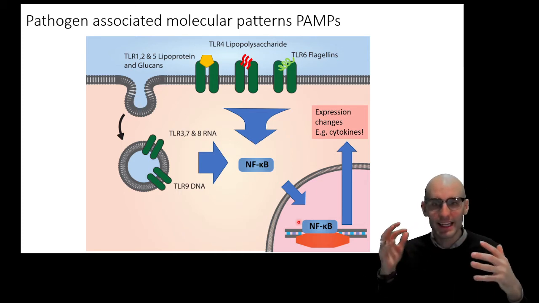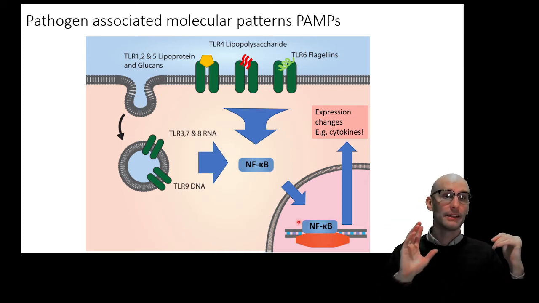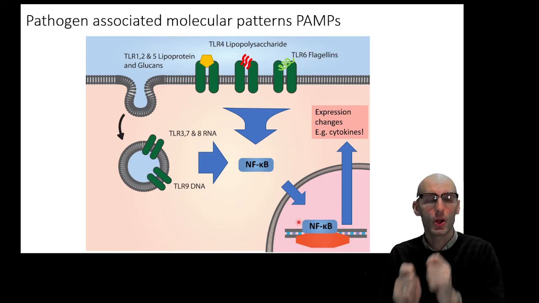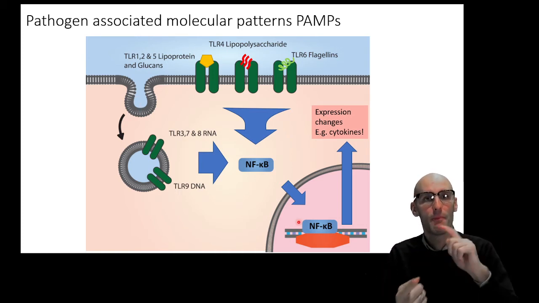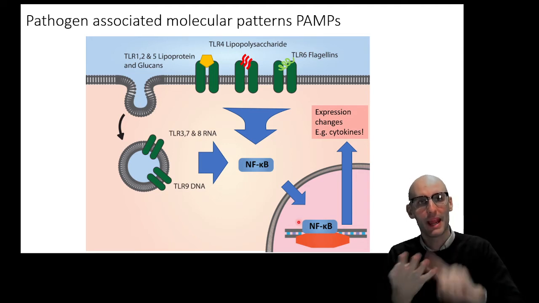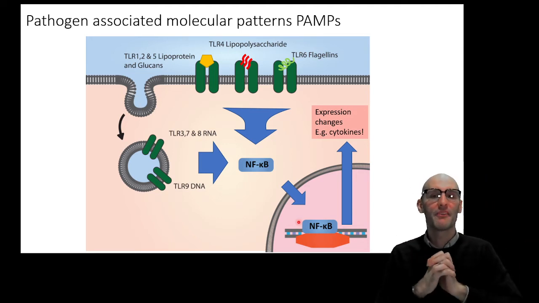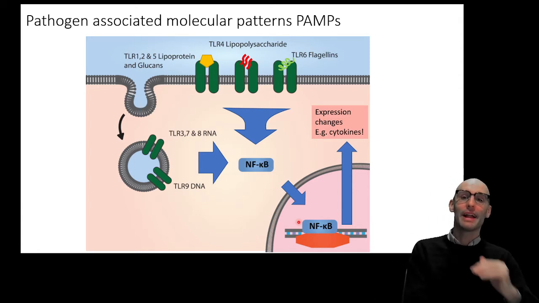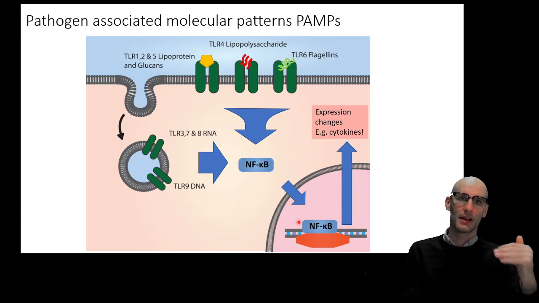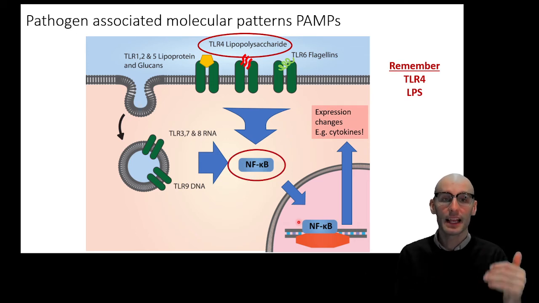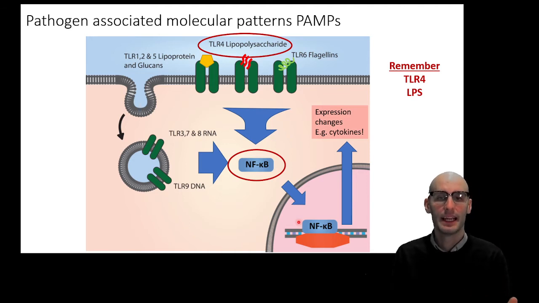So here you can see how we have a bunch of receptors designed to detect unique molecules that pathogens express, so pathogen-associated molecular patterns, and these are called pattern recognition receptors, and we have a huge family of those. Now, I know I've given you just a huge amount of jargon, but there's just a few key things I really want you to remember, and that is TLR4, LPS, NFkB.